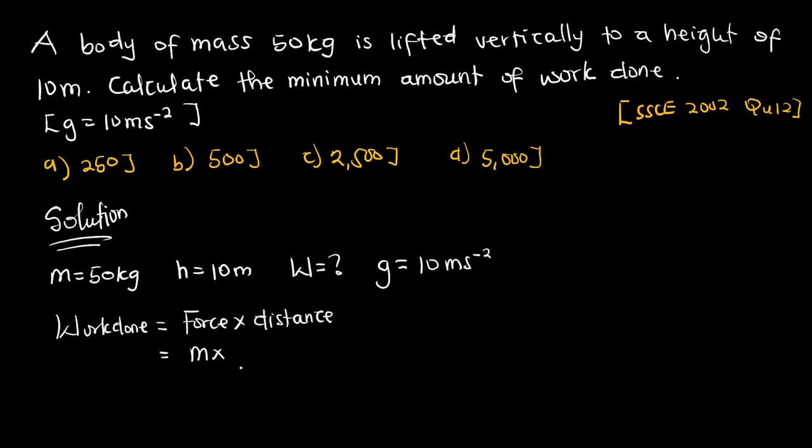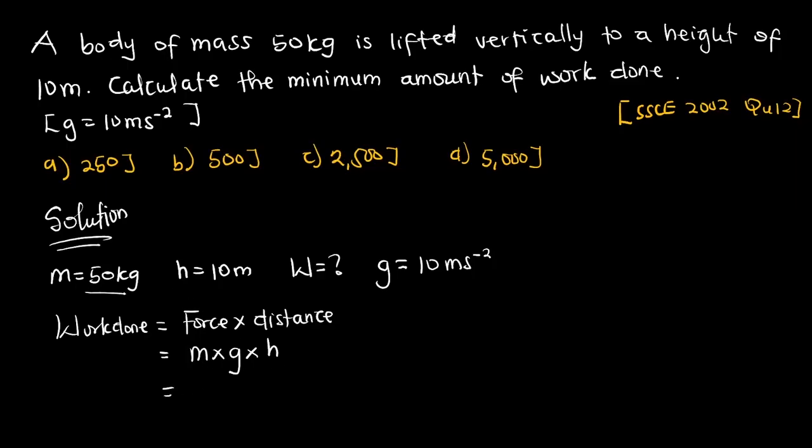But because this was lifted up, the acceleration is due to gravity, so the force is mg. The distance it has traveled is the distance vertically upward, so that becomes the height. So our formula is mgh for work done, which is mass multiplied by gravity multiplied by height.